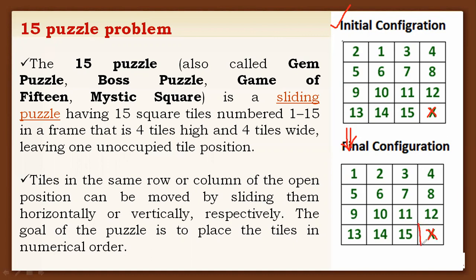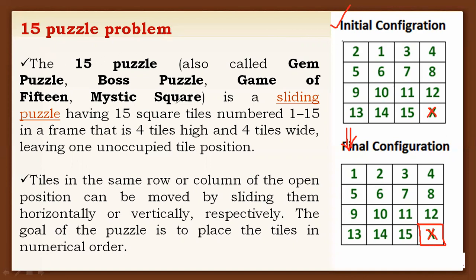In this way you need to arrange all 15 squares in a 4 by 4 chessboard. That can be done by using the concept of branch and bound. Hence, this is considered as the 15 puzzle problem.